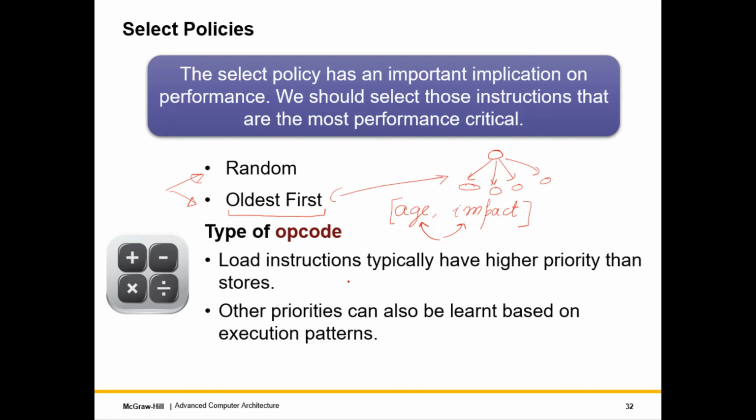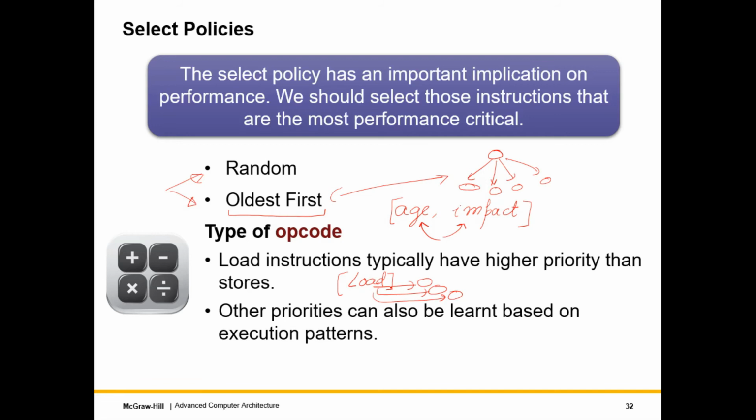Otherwise, it's kind of rare that we would write to memory and read it back in general code. But for a load instruction, it's on the critical path, because the sooner its value comes back, many more instructions might be dependent on the value that the load brings from memory. So many a time it is seen that load instructions are way more critical, and thus if we have to give a priority, we should give a priority to a load as compared to a store.